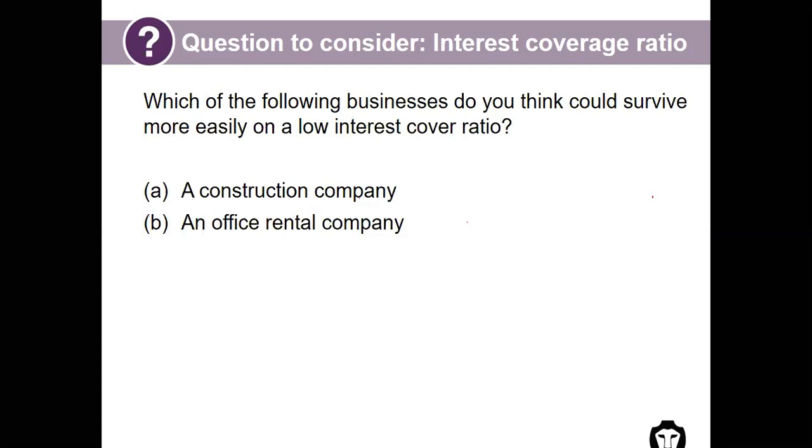So you may have volatility and risk, because the cash flows are very erratic in this case. But an office rental company can survive with low interest cover because their income is very stable. They know exactly how much they are going to get, and from there they can easily pay their interest.